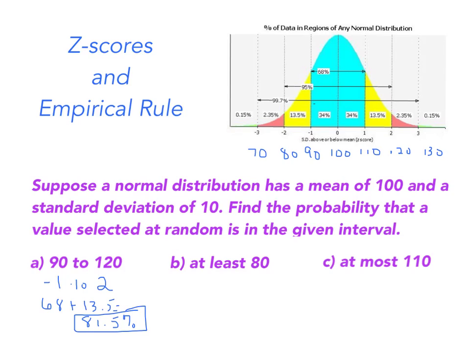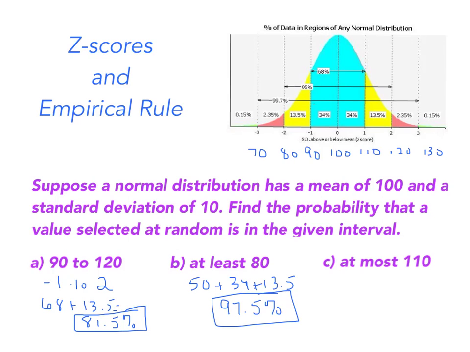And then from 0 to -1 is another 34, and then from -1 to -2 is 13.5. So you can just add those percentages, 50 plus 34 plus 13.5, and that would give you 97.5%. So 97.5% is our probability that a value selected would be at least 80.